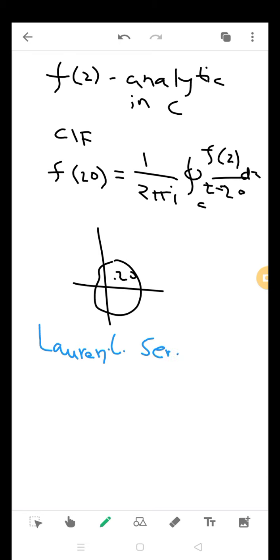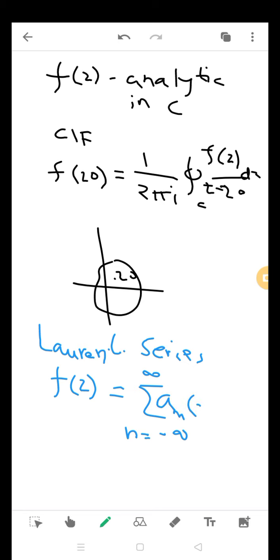It says that if f(z) is analytic, then we can express f(z) as the sum from n equals minus infinity to plus infinity of the coefficient a_n times (z minus z0) to the power n.